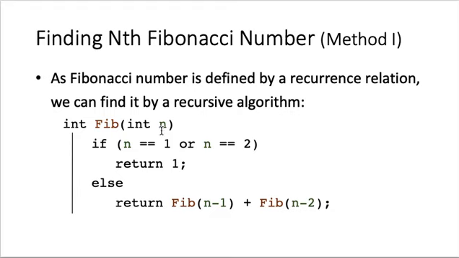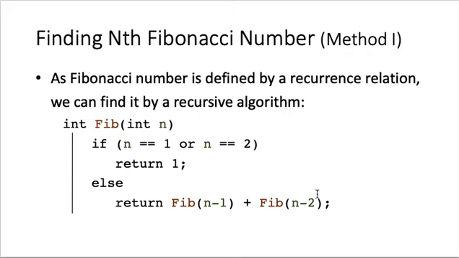Then, assuming that this program correctly computes all the values from n equal to 1, 2, 3 up to a certain value of k, when we want to compute f of k plus 1, we can use this formula, which is correct based on the correctly computed values of f of k and f of k minus 1.